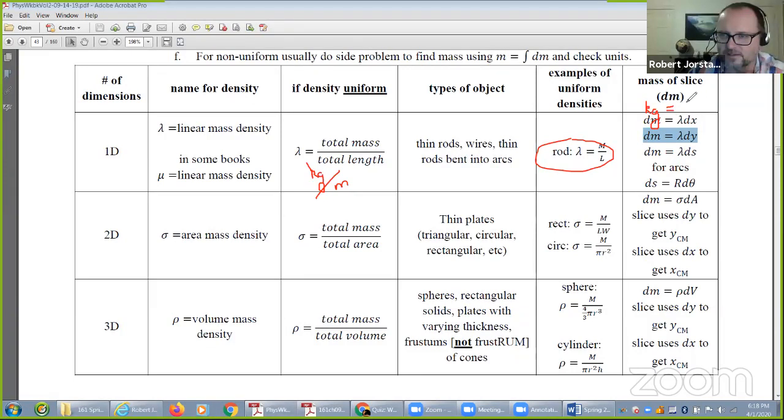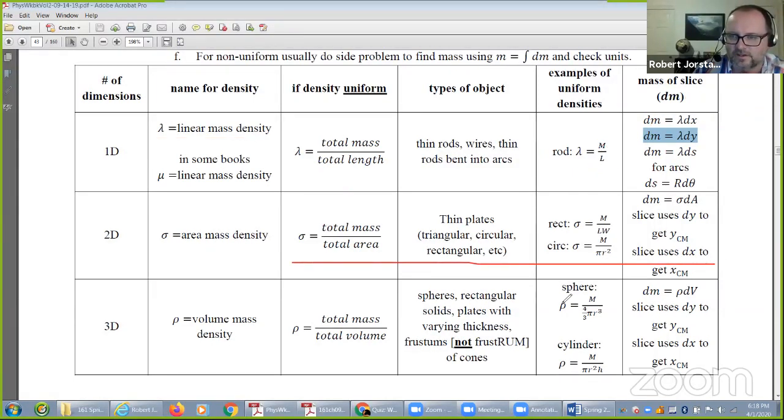So if we do this, kilograms per meter times dx, and dx is a unit of length, meters, we see that this equation is dimensionally correct. That's just a fancy way of dealing with the units. So the density has to have different units. And then obviously here's the equivalent for 2D.